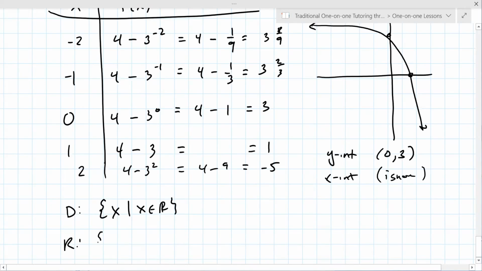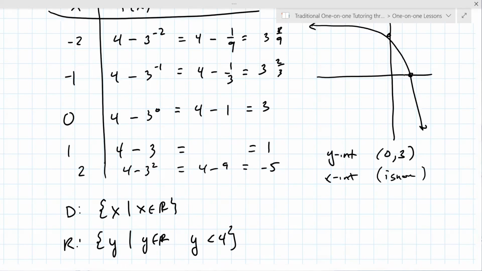Your range, though, this is what's different. y is now less than 4 because it's going this direction here, down on the graph, below the 4. I'll just have to study that a bit. The horizontal asymptote is at y equals 4.